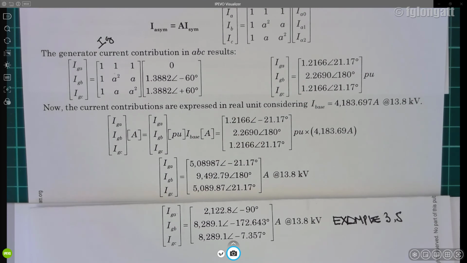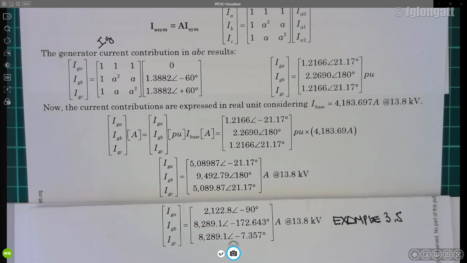If you remember, the motor is not connected to any transformer. I mean, the current contribution coming from the motor is not affected by any phase shift. That is also the reason that we are not recalculating the motor contribution, because there is no effect of any transformer phase shift.